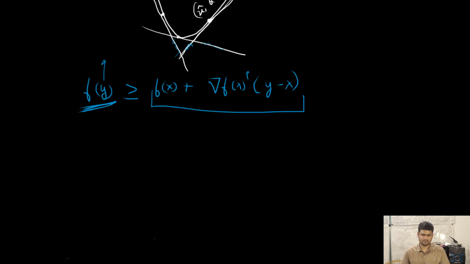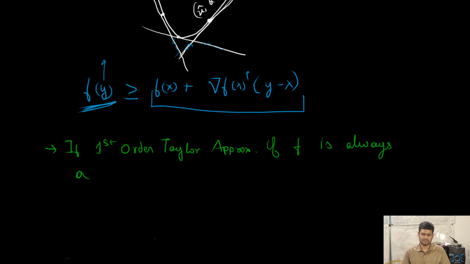So we can write: if the first order Taylor approximation of the function f is always a global underestimator of f, then f is convex.